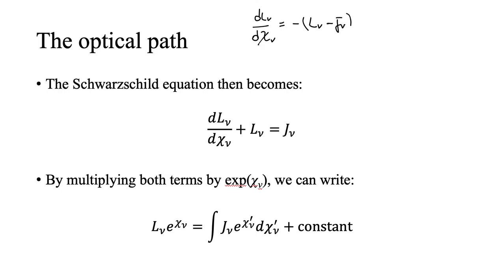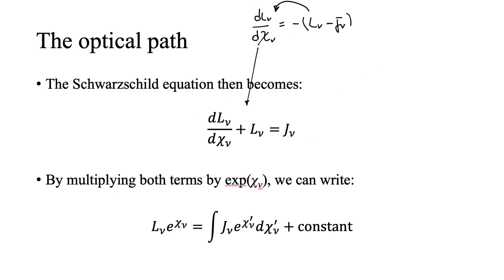Well, the answer is yes. Let's start by taking this L_ν and bringing it to the other side, and we get this equation down here. Does this look like something we can do something about? Well, let's multiply this equation by e to the χ_ν, both terms.